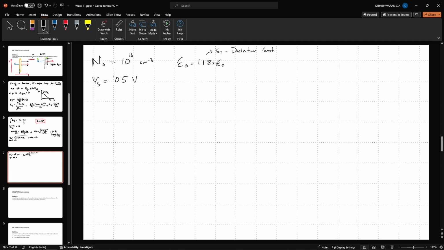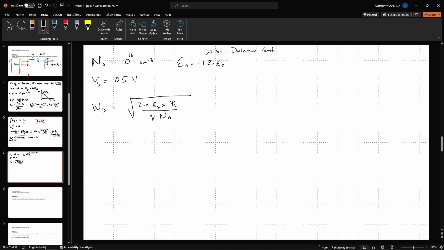So in this case, first let us try to estimate what the depletion width is. So WD, as seen before, was 2 into epsilon s into psi s divided by q times Na.